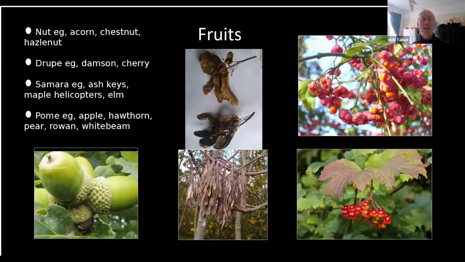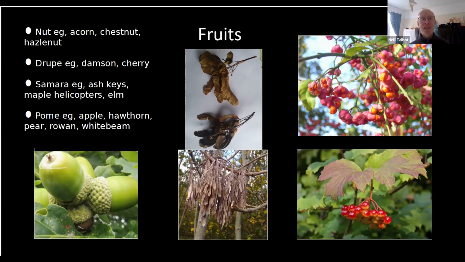For example, something like white beam, you'll get the berries, but they'll either be taken by birds or they'll drop off, but you can still see the withered stalks, and adding to that the other features you might look at, like the twigs and so on, you can sort of deduce that it's actually a white beam.